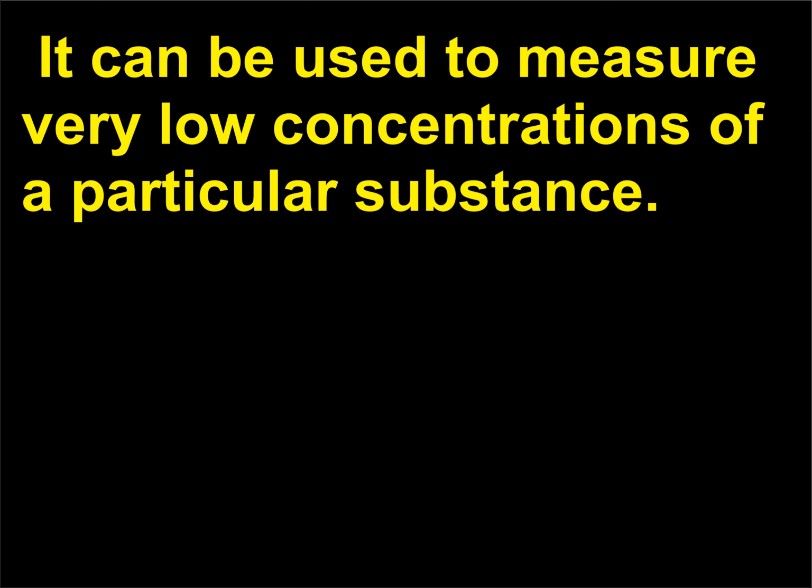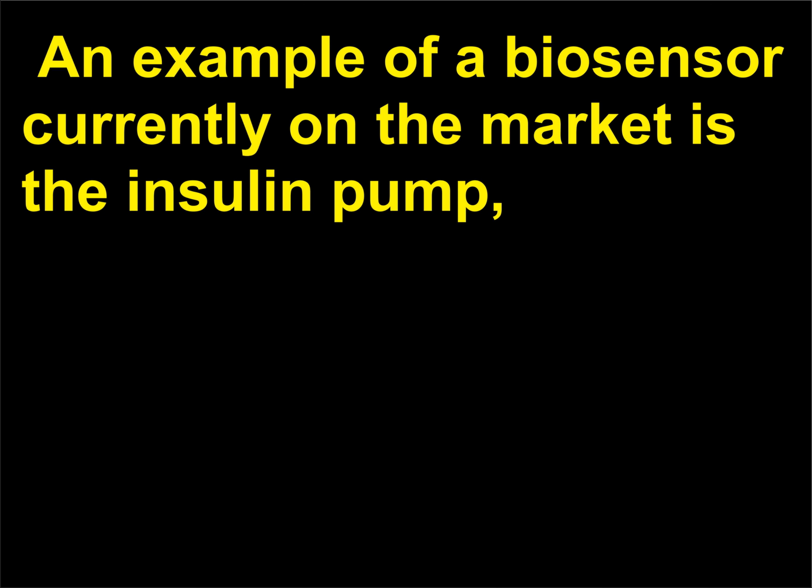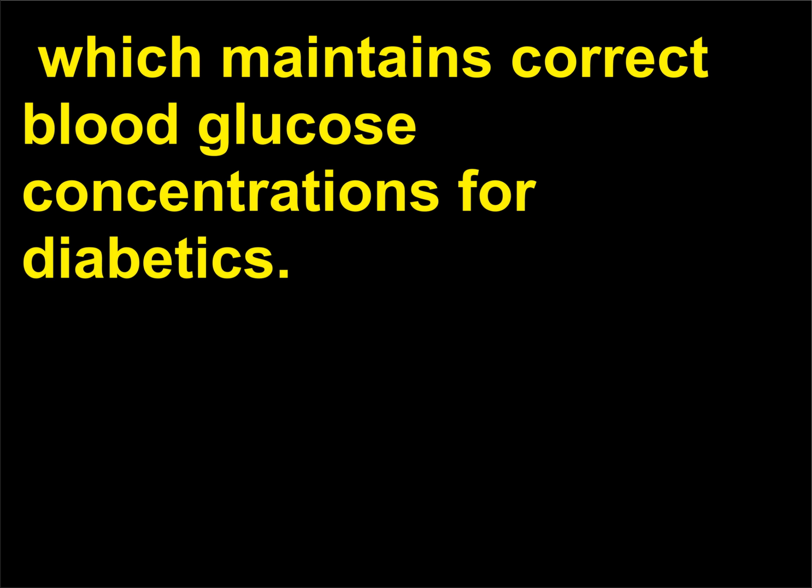It can be used to measure very low concentrations of a particular substance. An example of a biosensor currently on the market is the insulin pump, which maintains correct blood glucose concentrations for diabetics.